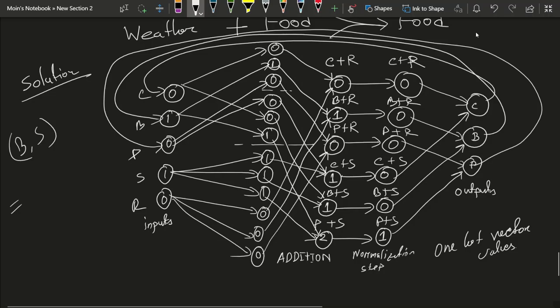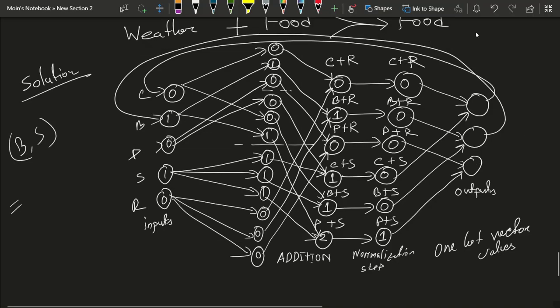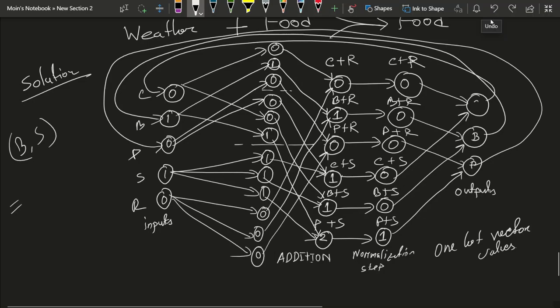Then we could merge it very easily. So it would be 0 plus chicken plus this 0 and this 0.